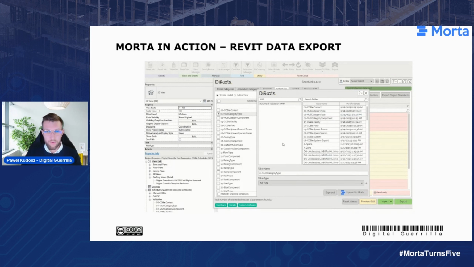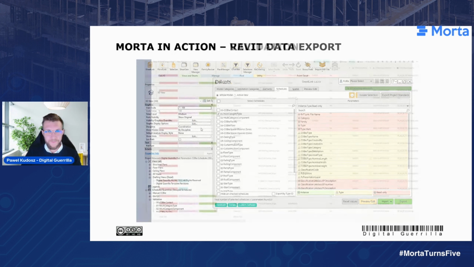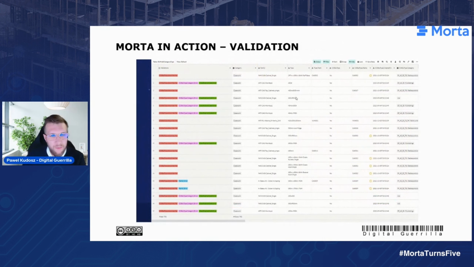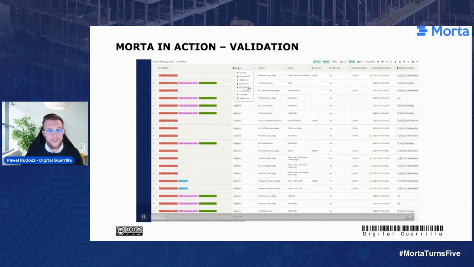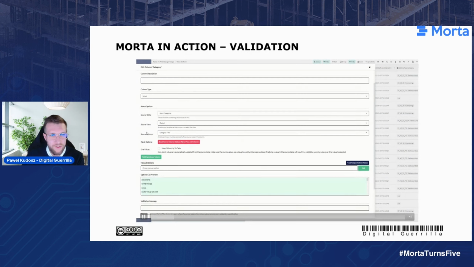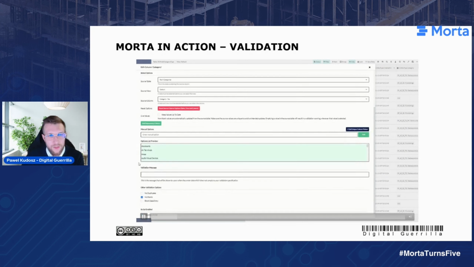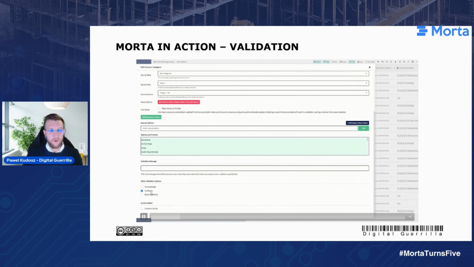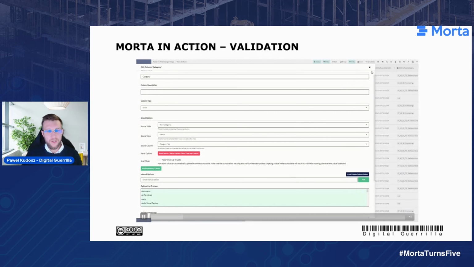And now we will move to Morta. This is an example of how the data looks exported to Morta. As you can see, it has already been validated straight away. If we look, for example, into the column category, it refers to a source table, which is Revit categories, and we're looking for the categories that should actually be exported in this scenario.